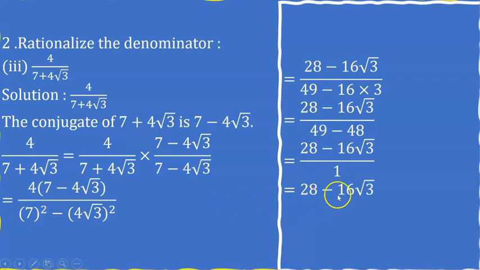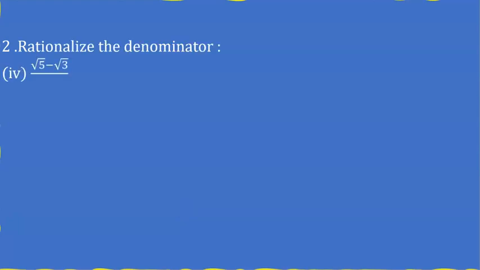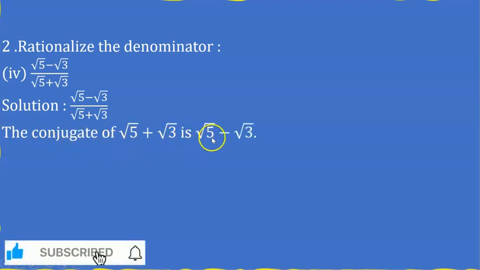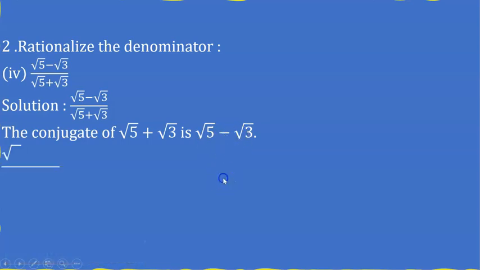That is the 28 minus 16 root 3. Now, next example. Root 5 minus root 3 upon root 5 plus root 3. The conjugate of root 5 plus root 3 is root 5 minus root 3.